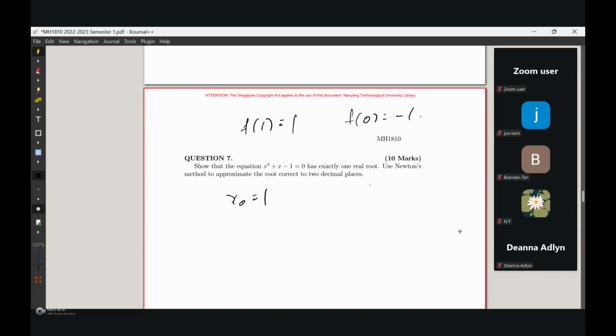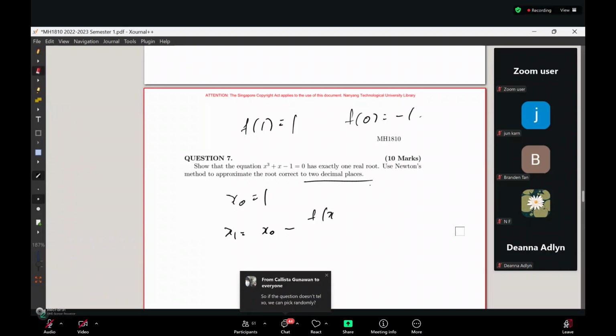Up to you to use negative 1 or 1. Convert it to two decimal places. So x0 equals 1, x1 is equal to x0 minus f(x0) over the derivative f'(x0).